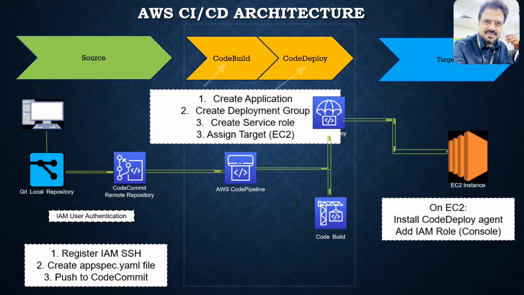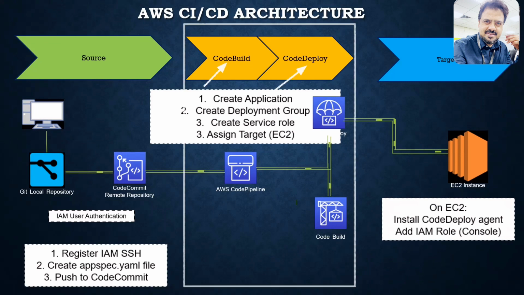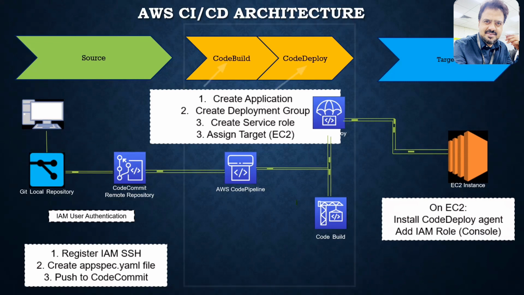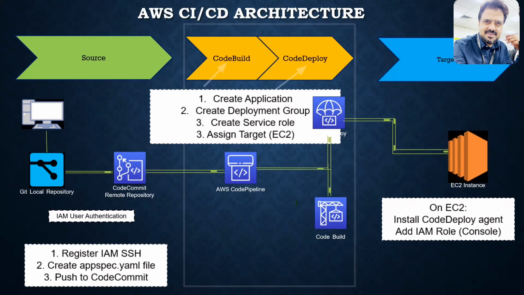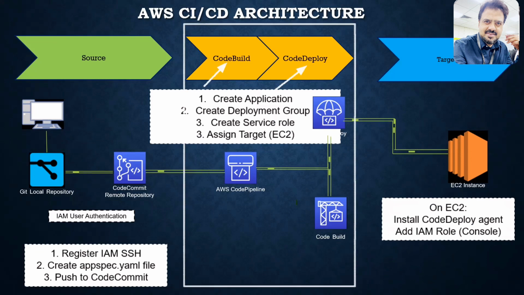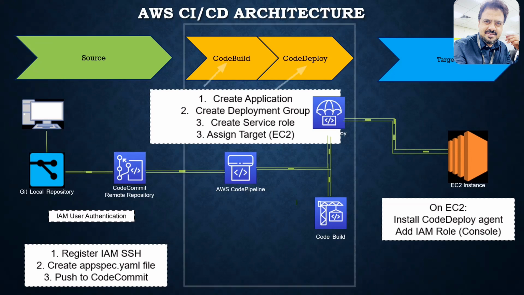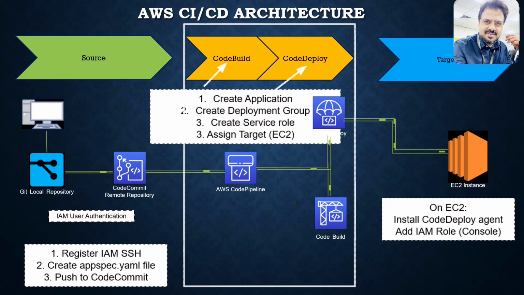You can go with either of them. CodeBuild builds your application internally, validates your code, and then finally deploys to the target. And if you go with CodeDeploy, that does not build or test the code, rather it will directly push it to the target instance, that is the EC2 instance in our case.